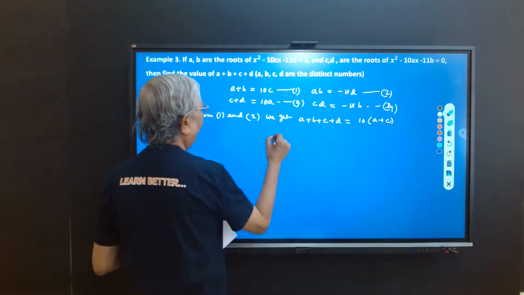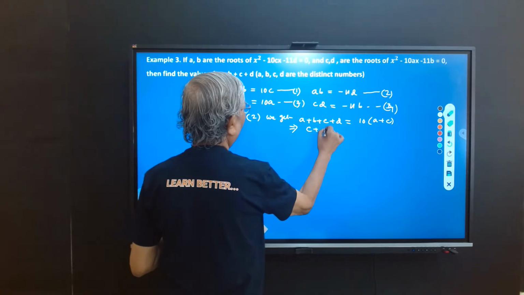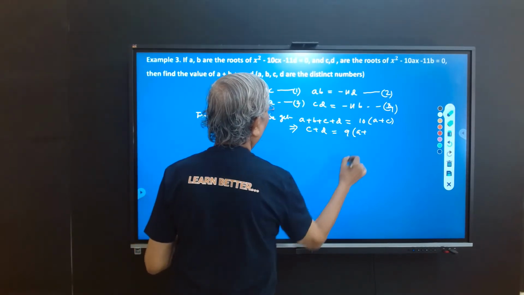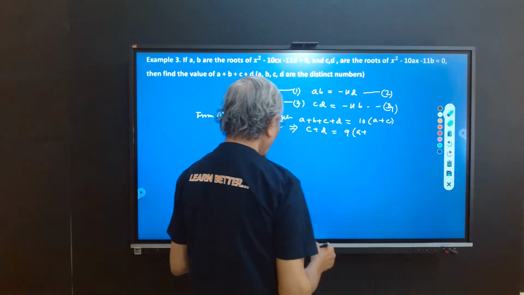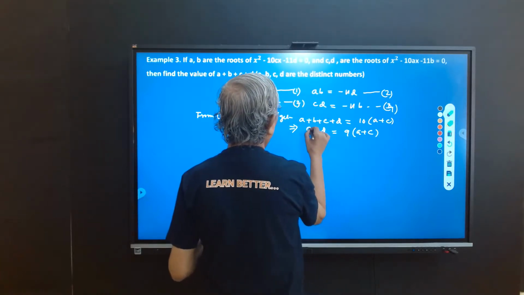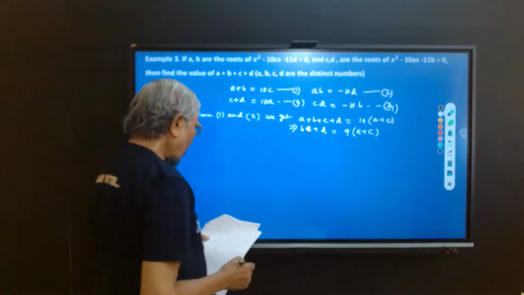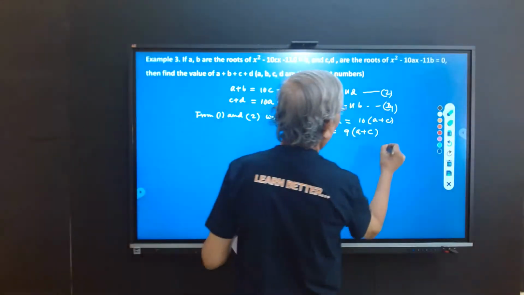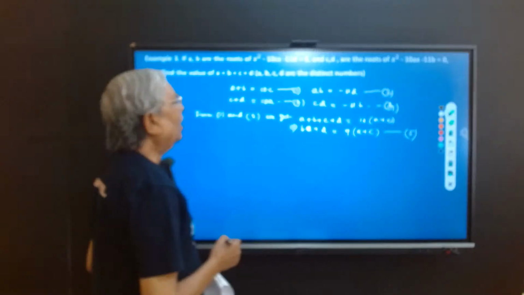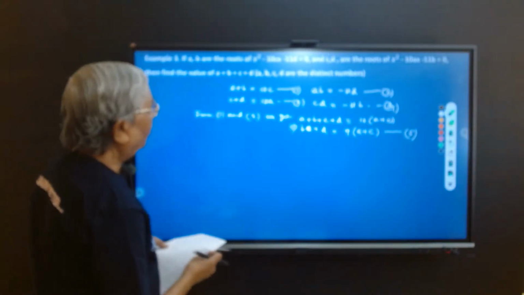So this will imply b plus d equals 9 into a plus c. This is equation number 5.